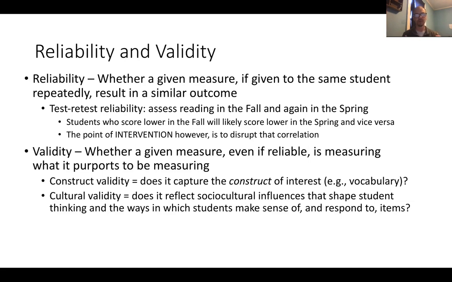So if you have low cultural validity, you're likely to also have low construct validity, especially if you're administering a measure with a group of students who've never been to Paris before. Or if you gave me a test of farm vocabulary, I don't know a lot of terminology around farming, so I would do poorly on that kind of a vocabulary test. So it would have low cultural validity with me, but higher cultural validity with students who have grown up in rural areas around farming communities.